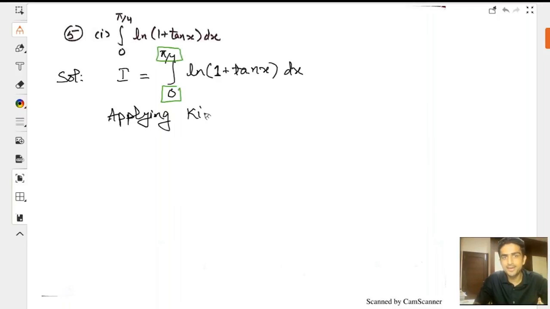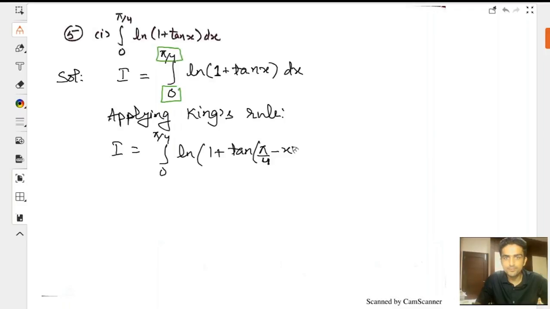Applying King's rule, what will you get? 0 to pi by 4 ln of 1 plus tan of pi by 4 minus x. Guys, I just expect you remember tan of a minus b at least. 1 minus tan x upon 1 plus tan x.